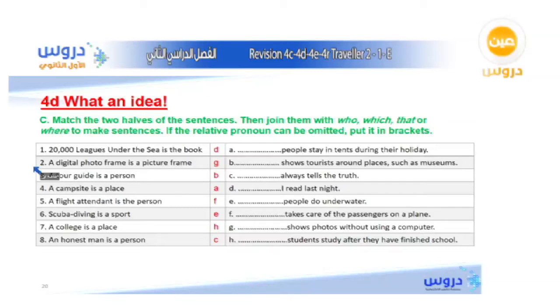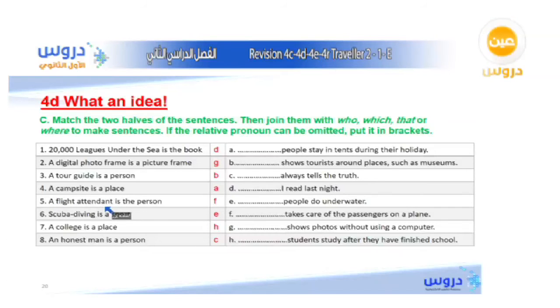Here we have 20,000 Leagues Under the Sea, a book, which goes directly with D. A digital photo frame is a picture frame, which goes with G. A tour guide is a person, with B. A campsite is a place, A.